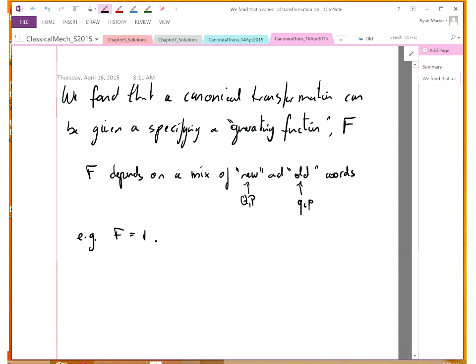we can have a transformation of what's called the second type. So there were 4 types, right? And they're written in your notes. You're welcome to go look them up again.